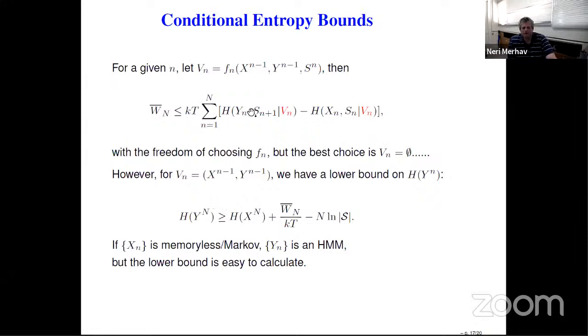However, if we look at it not as an upper bound on the work, but as a lower bound on the entropy production, then we can get a nice lower bound on the output entropy in terms of the input entropy and the work. So if we can compute the right-hand side easily, then we have a nice lower bound.